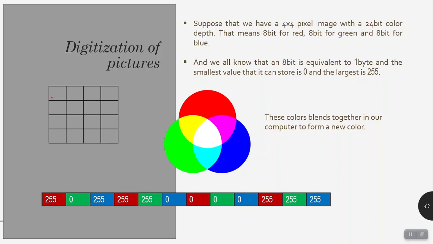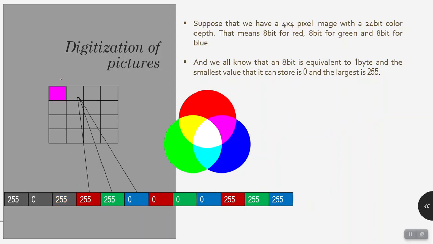Say for example, for the first pixel element, we have a combination of 255 for red, 0 for green, and 255 for blue. Once we mix them together, we'll just ignore the green since it is 0. So once we mix red and blue, it would result in fuchsia.